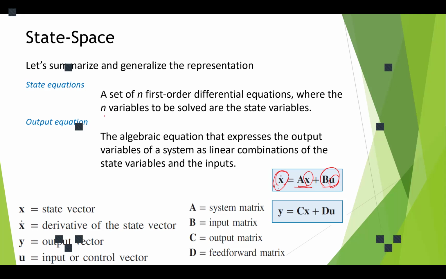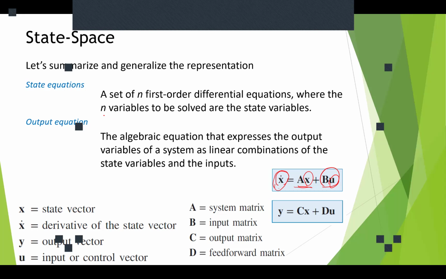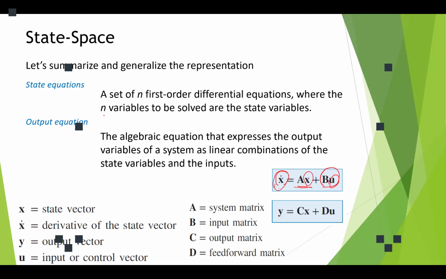So we are gonna change our nth order system, which you already know. If we have an nth order system, the general equation that describes that system is going to be an nth order differential equation. Are we good? So we are going to basically expand that nth order differential equation into n first order differential equations by defining those variables.